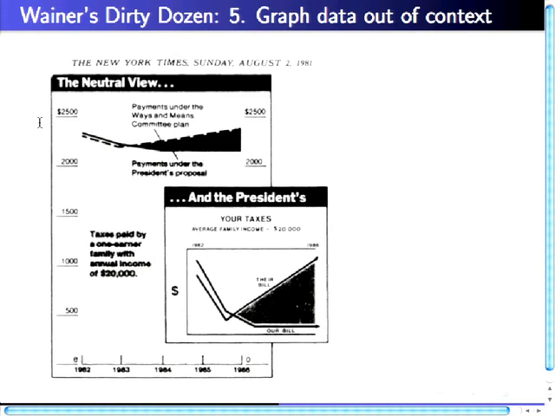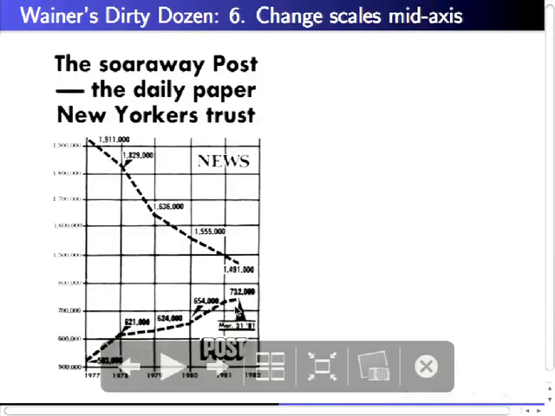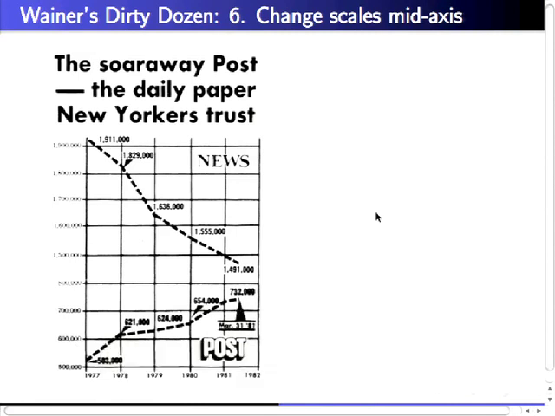Change the scales mid-axis. So notice here, these are two newspapers, the Post and the News, I guess. It looks like they're converging.